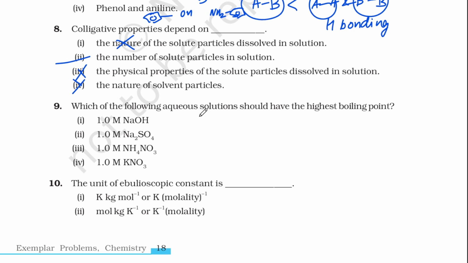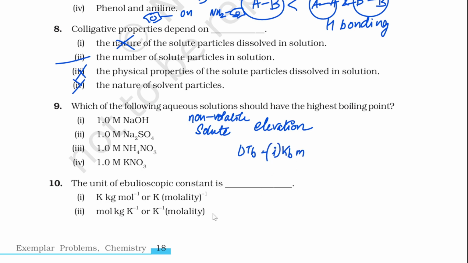Which of the following aqueous solutions should have the highest boiling point? Highest boiling point, okay? So this has to do with elevation of boiling point, right? क्योंकि I'm adding solute to it. What kind of solute? Non-volatile solute. Okay, cool. Delta TB is i times KB times m.